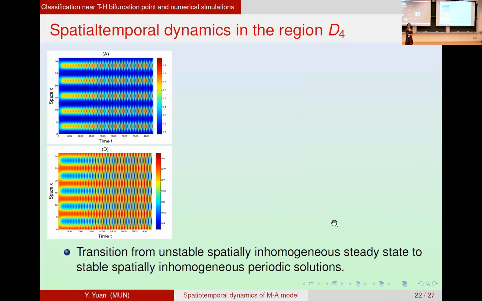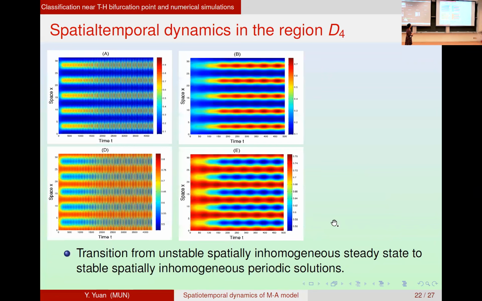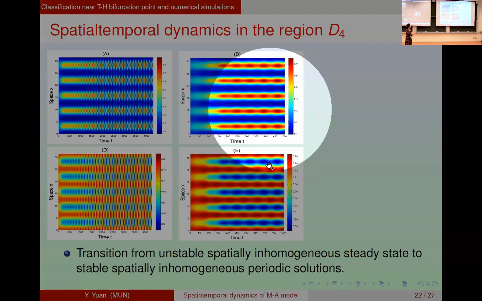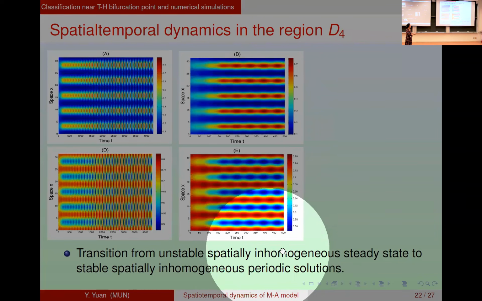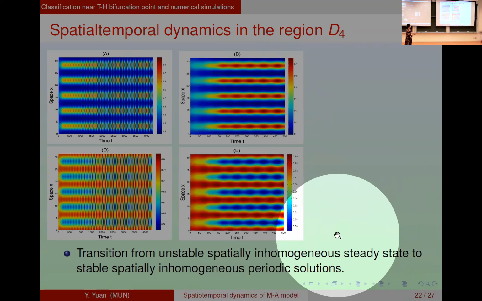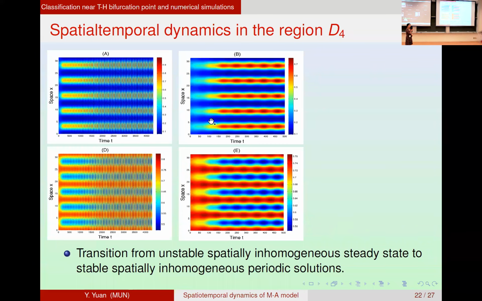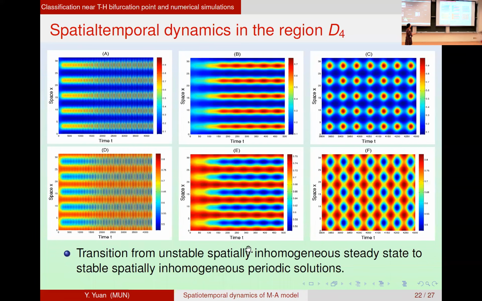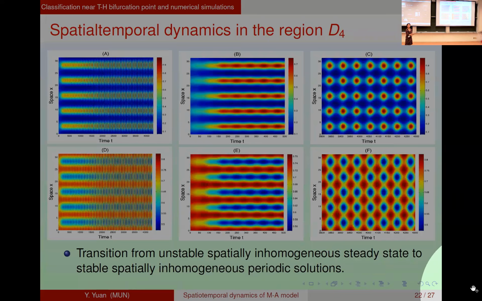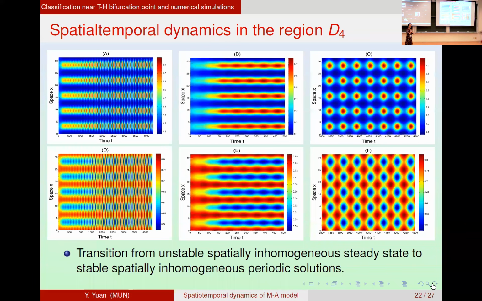First, because it's unstable, it's not like the stable inhomogeneous steady state, right? A steady state means horizontal lines, but finally it goes this way. So this is for the Turing-Hopf bifurcation, just close to the bifurcation point, right?